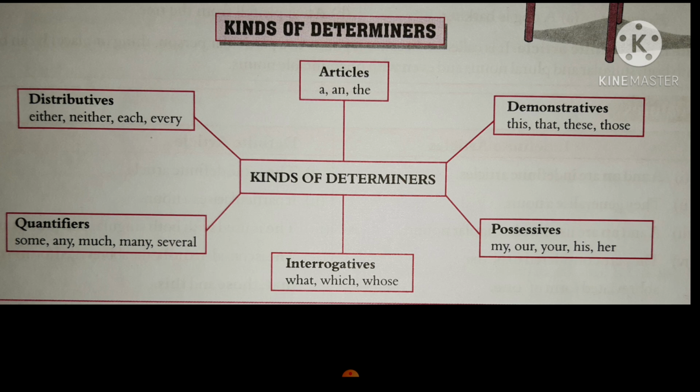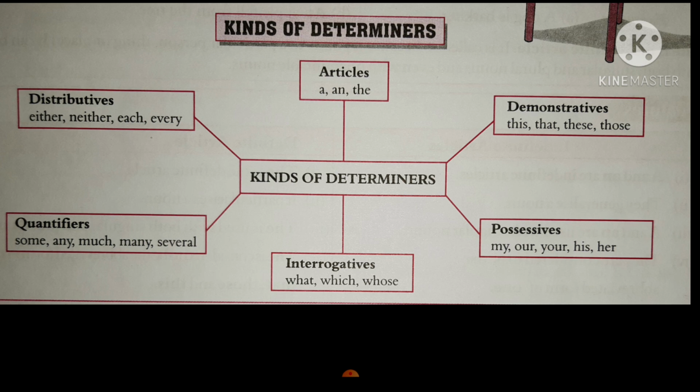Then many. Many refers to number and is used with countable nouns. Many supporters were celebrating the team's victory. We can count the number of supporters. So, if it is a countable noun, we can use many, and if it is an uncountable noun or an abstract noun, we can use much.